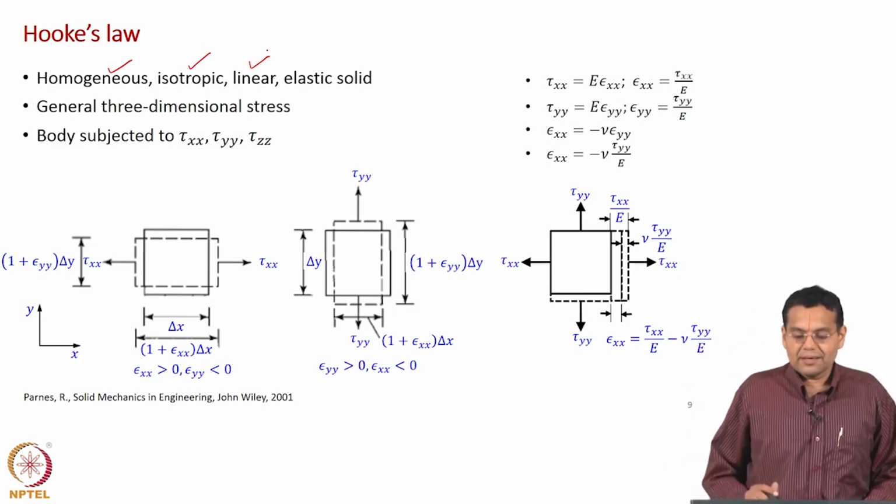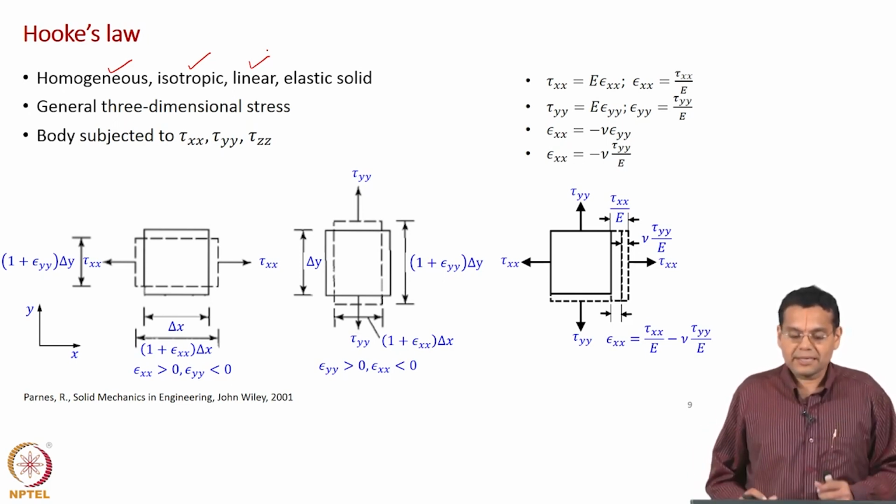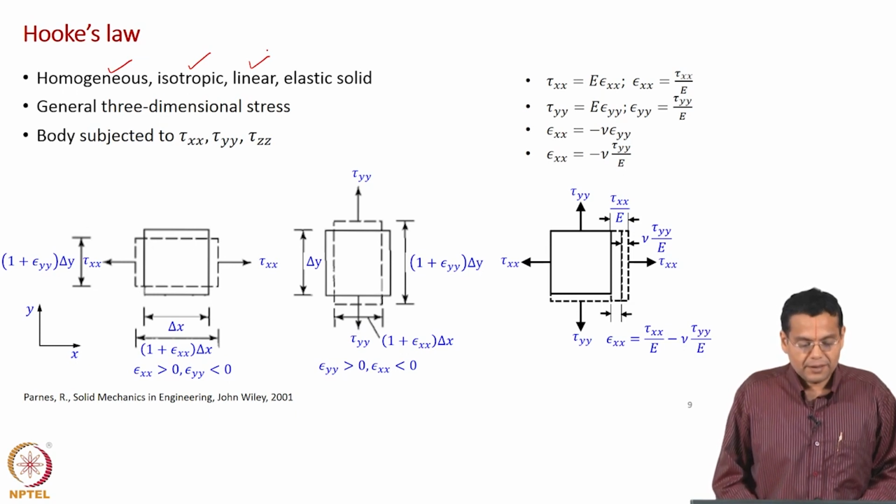Elastic: a definite relationship between stress and strain. When I say stress and strain, it applies both for normal stress, shear stress, and then normal strain, shear strain. And linear tells you the relationship between the stress and strain is linear.